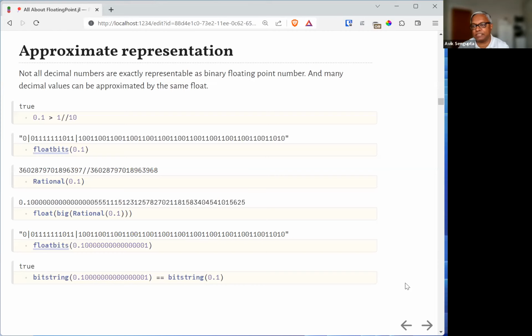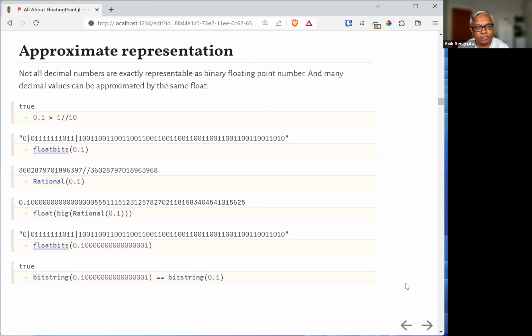Right? And this is sort of the source of all the confusion that people have about floating point numbers. So float bits of 0.1 is this number that you can see on the screen.